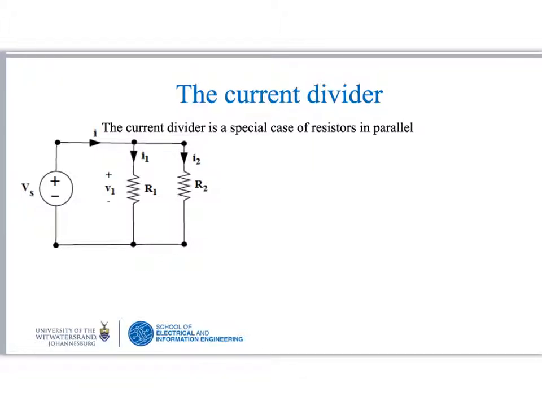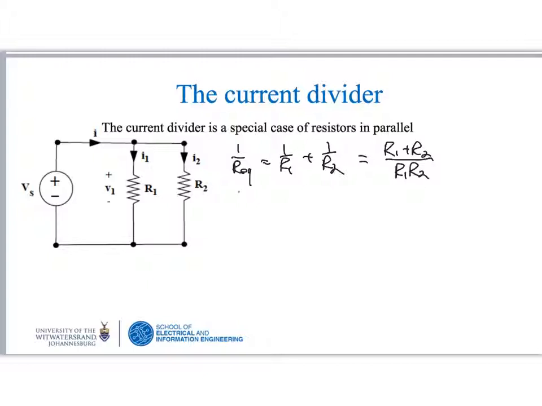For resistors in parallel, we know that 1 upon R equivalent from the previous video is equal to 1 upon R1 plus 1 upon R2, and that is equal to R1 plus R2 divided by R1 R2.